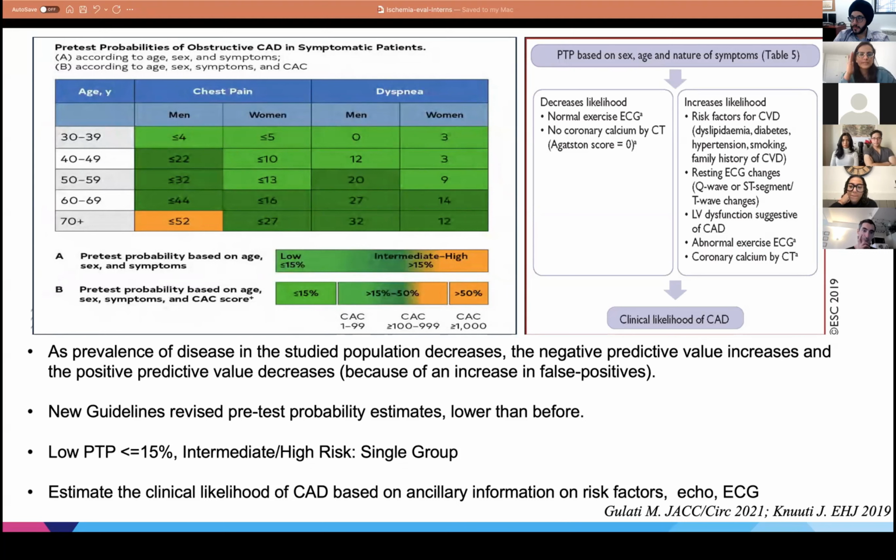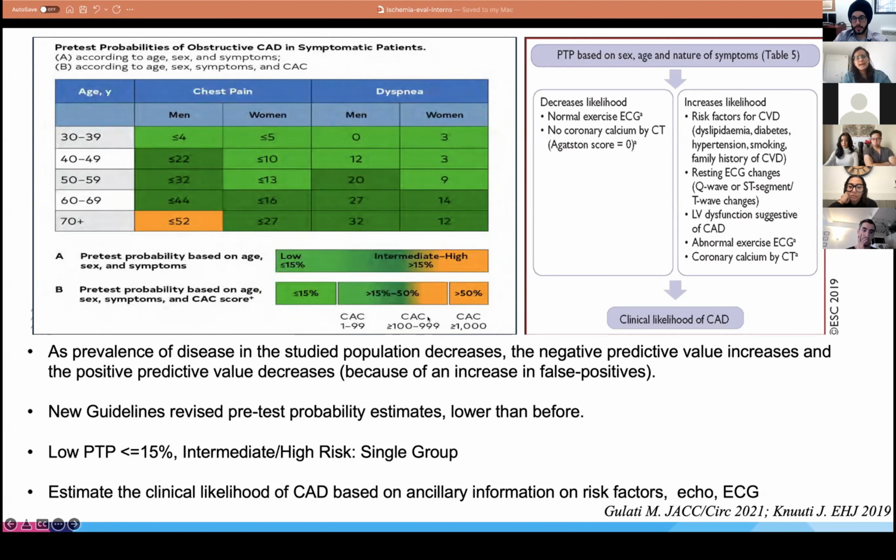All of those would increase in your mind the probability that the patient has disease. If the patient has had a chest CT for whatever reason, to rule out PE, look at the chest CT to see if you see any calcium in their coronary arteries, because if you do, then that increases your pretest probability of coronary artery disease.